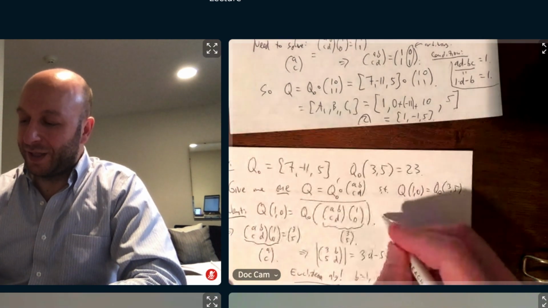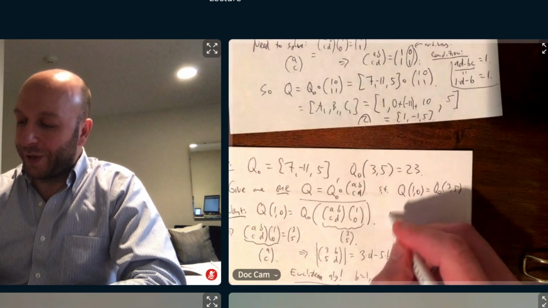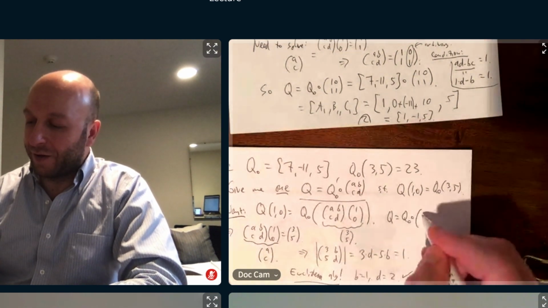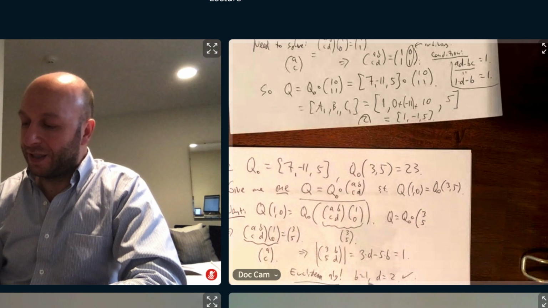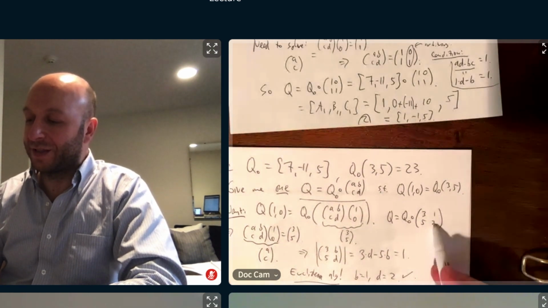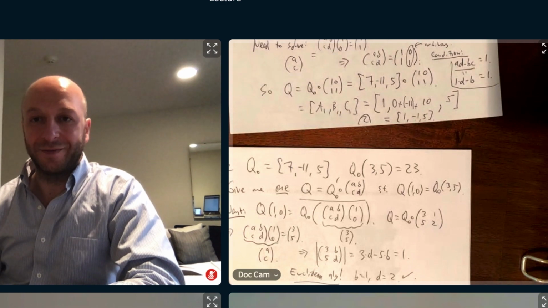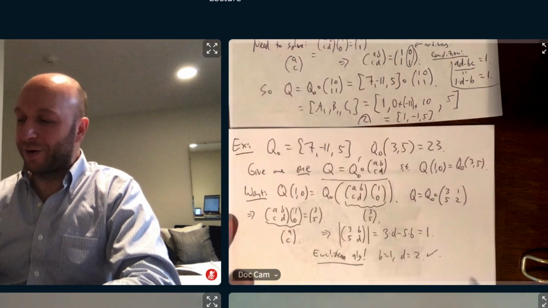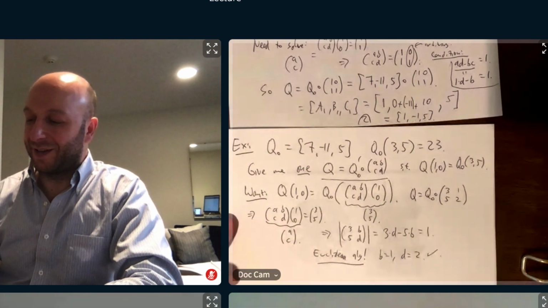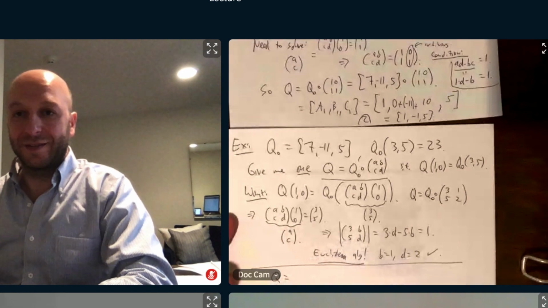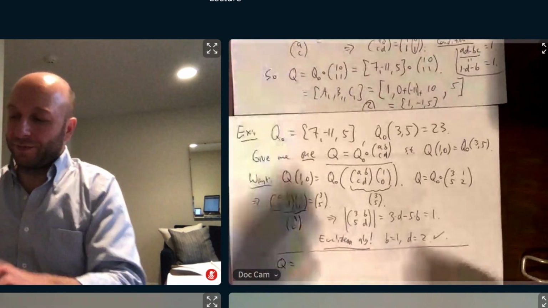So what we see is that Q will be Q0 composed with the matrix 3, 5 for A and C, and 1 and 2 for B and D. This has determinant 6 minus 5 is 1. And now it's a matter of writing out Q. We don't want to just leave it like this.